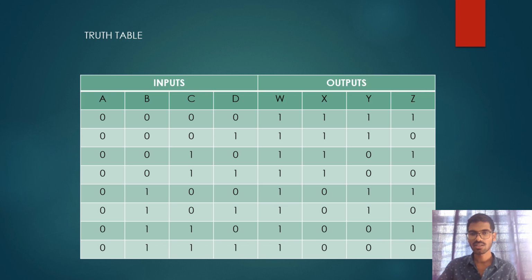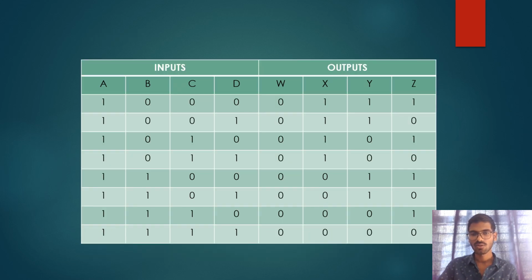We can implement it by NOT gate, but the truth table is the same. 0100 gives 1011. 0101, we get 1010. Next for 0110, we get 1001. We are flipping each bit here. 0111 gives 1000. 1000 is 8; till 7 we completed there.